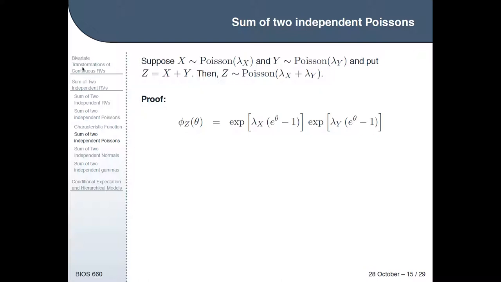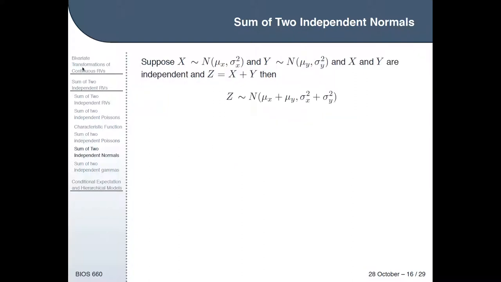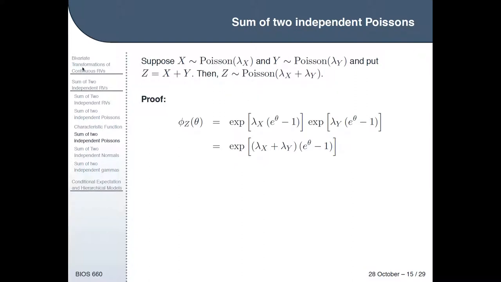So the characteristic function of z will just be the characteristic function of x times the characteristic function of y. And that, of course, is just equal to e to the (lambda x plus lambda y) times (e to the theta minus 1). And the punchline, that of course is just the characteristic function of a Poisson random variable with rate parameter lambda x plus lambda y. Woohoo, we're done.